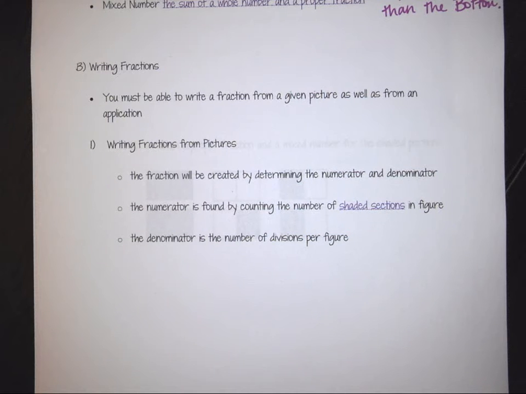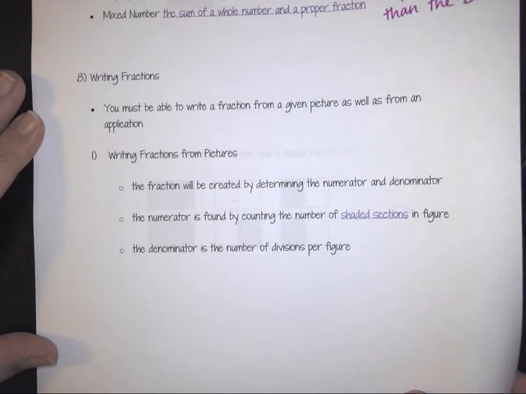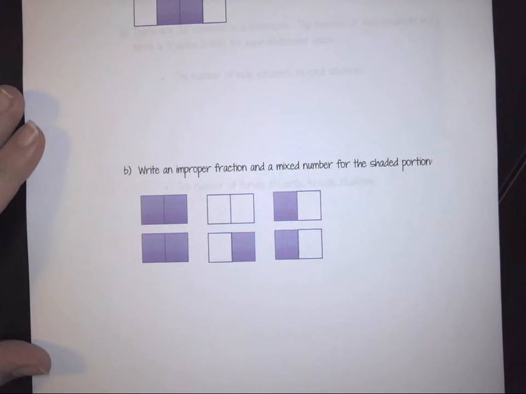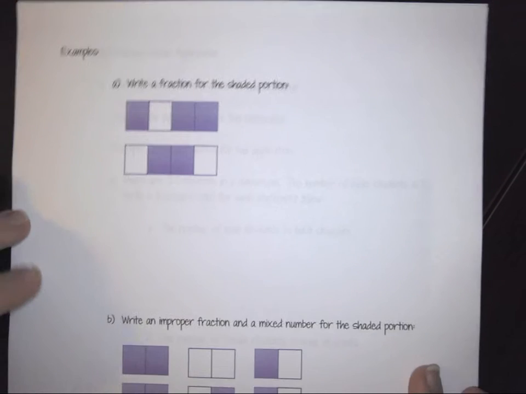The denominator is going to be the total. Okay, so how many total shaded and unshaded regions did your image have? Okay, so I wanted to show a couple examples of doing just that.